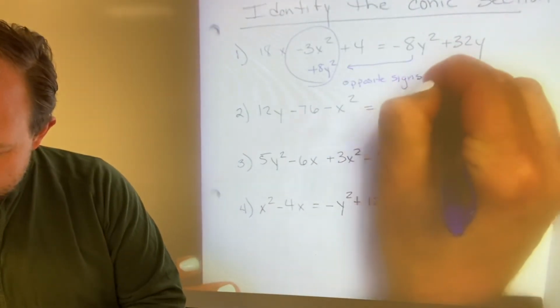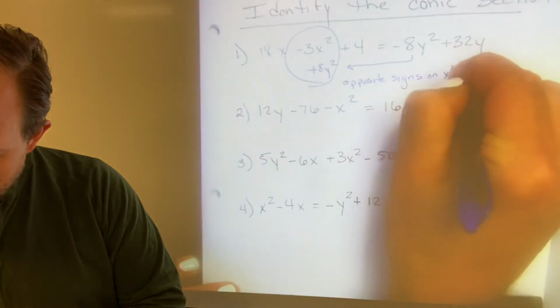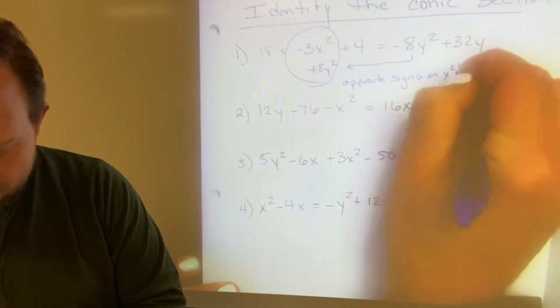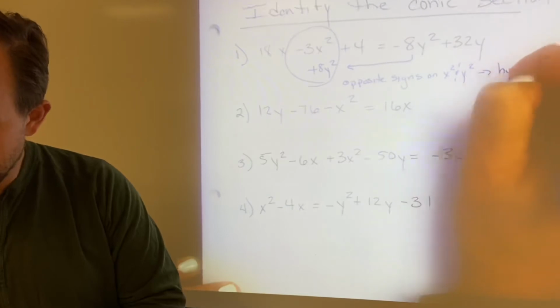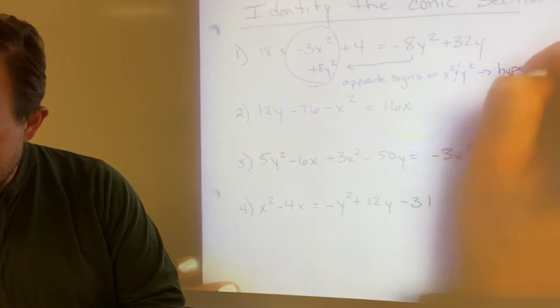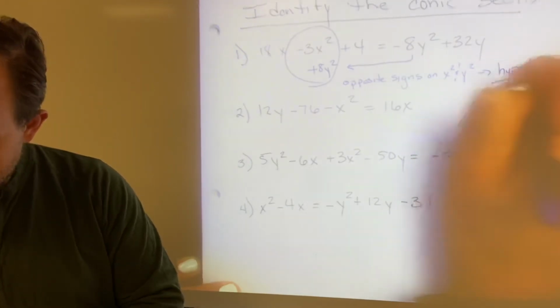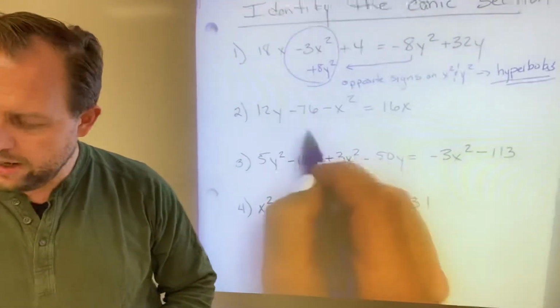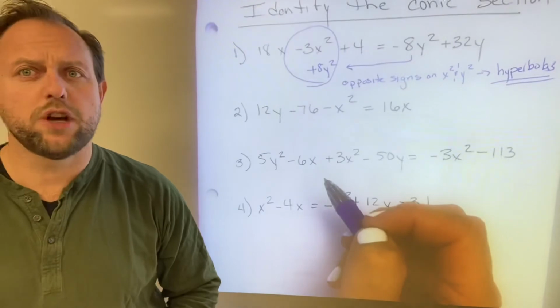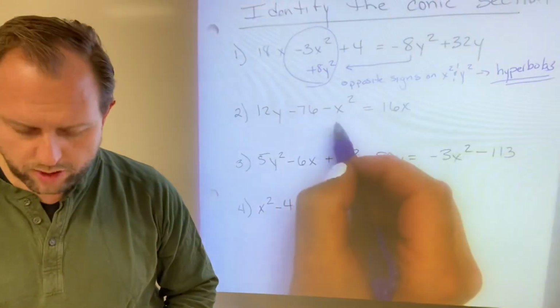Opposite signs on x squared and y squared, remember, that's what we've been currently studying. Those are hyperbolas. The second one, there's not another squared term to move over. There's only one squared term.